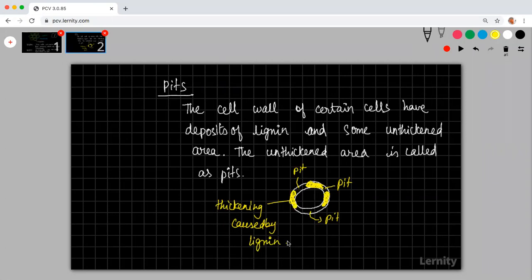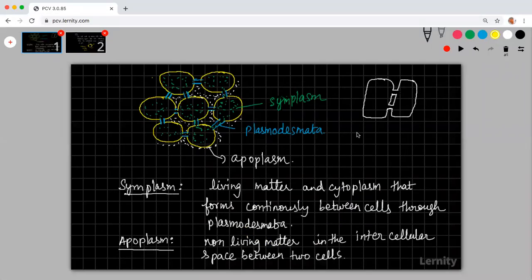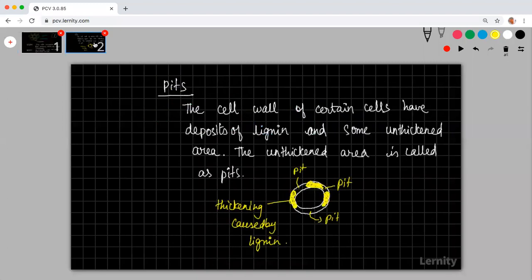Okay, so this is what we call a pit. Someone is asking for the first slide. Yeah, it is found in sclerenchyma, right? The second slide.